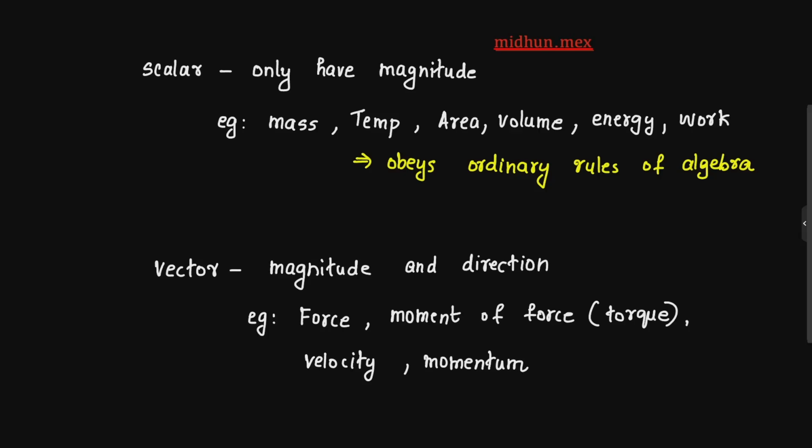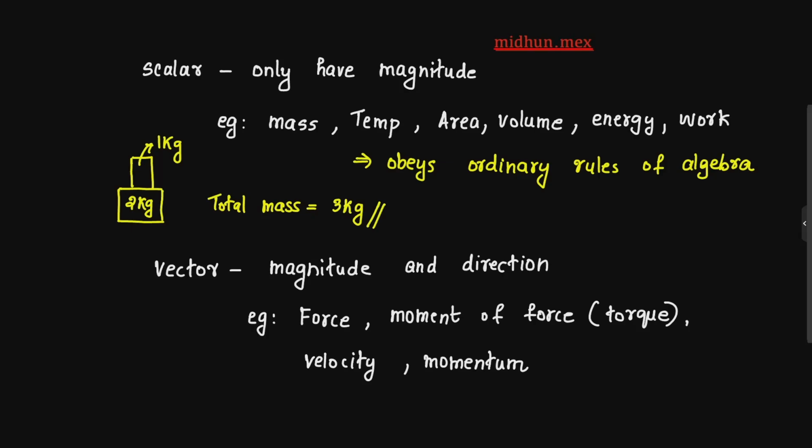That is why, if I keep a block like this, a block has a mass of 2 kilogram, and above that you keep another block with a mass of 1 kilogram, and I ask you what is the total mass, you simply say total mass is 3 kilogram. We know you just did 1 plus 2, and your answer comes as 3 kilogram.